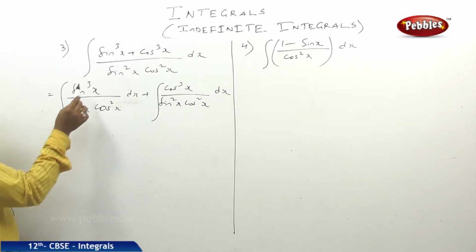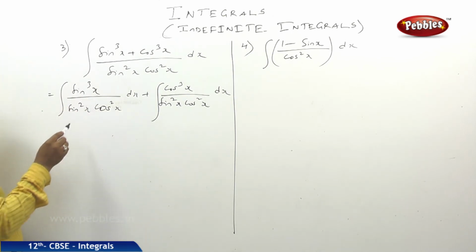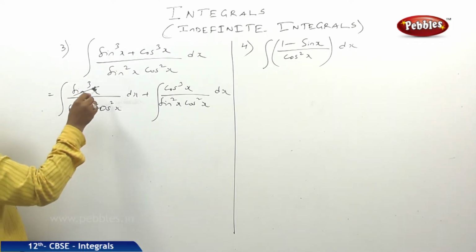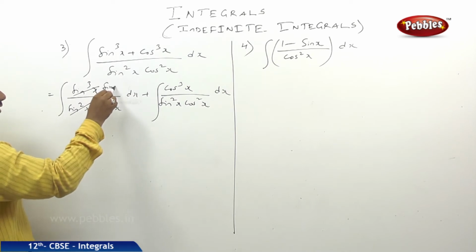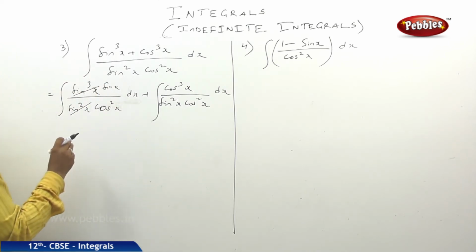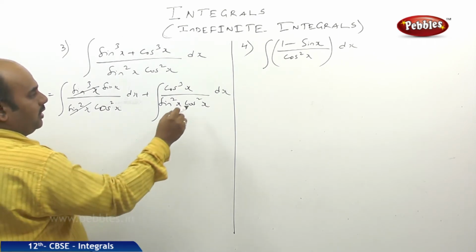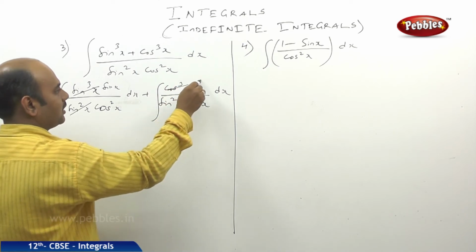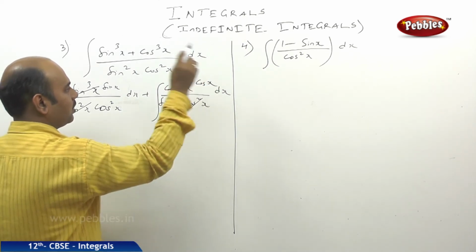Now if you could observe carefully, here sine cube x is there and here sine square x is there. I think blindly I can cancel one sine square x and finally there remains here sine x. Now again if you could observe carefully, here also one cos square x and here cos square x gets cancelled, there remains cos x.